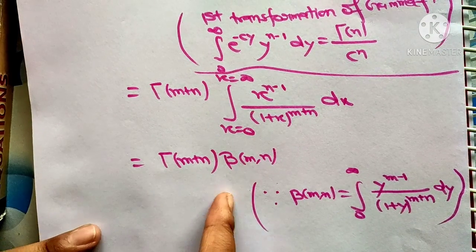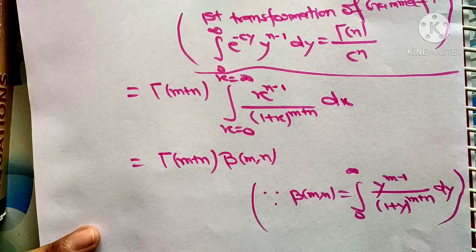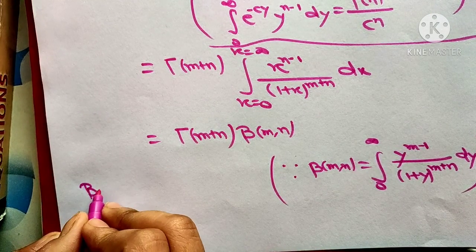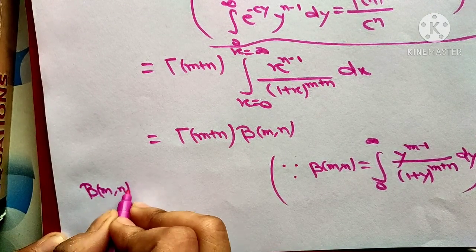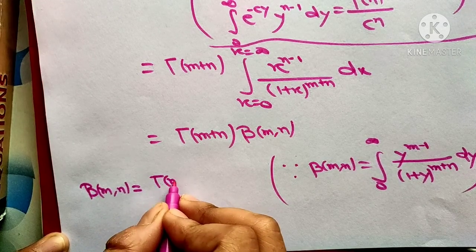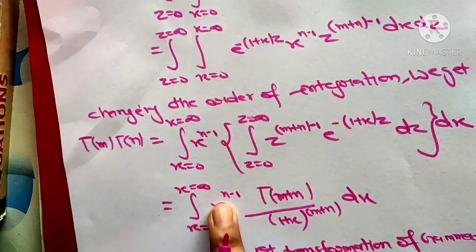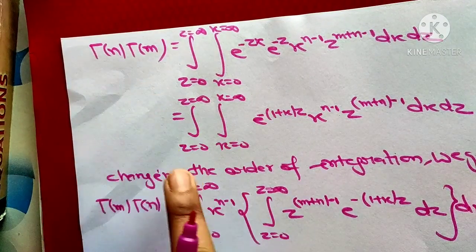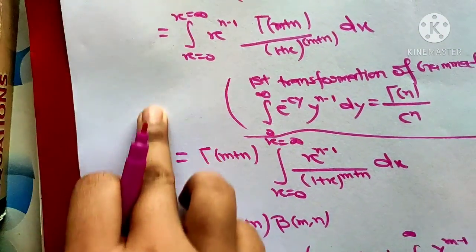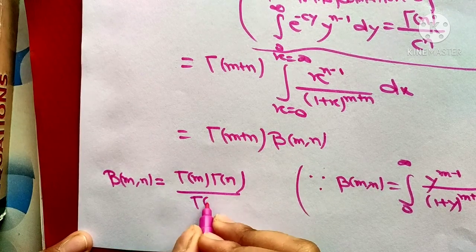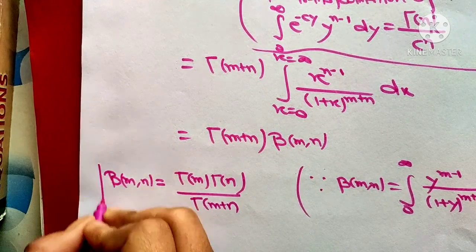So we just get our theorem that beta mn is equals to gamma m gamma n upon gamma m plus n.